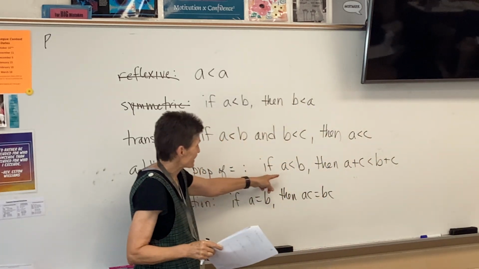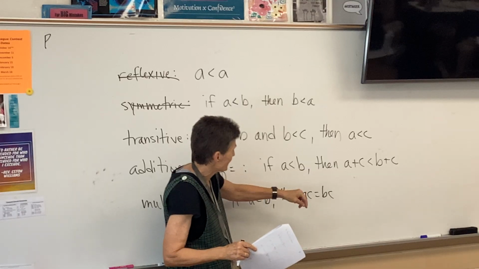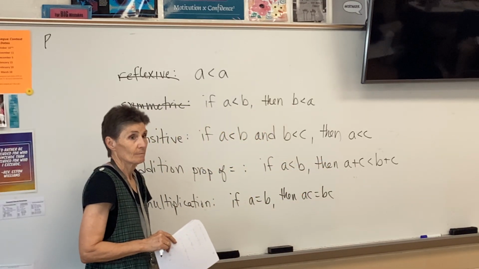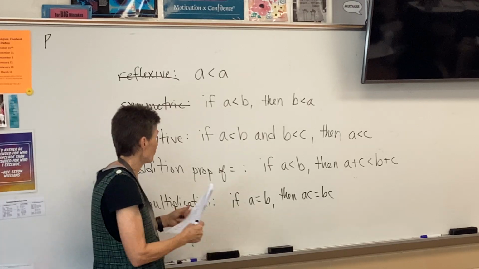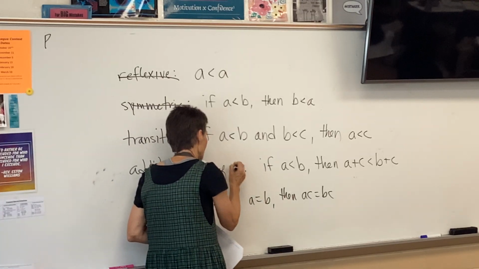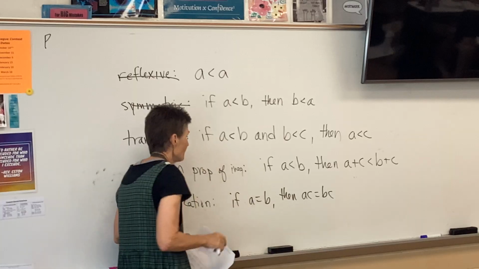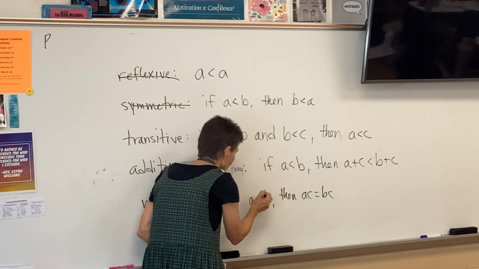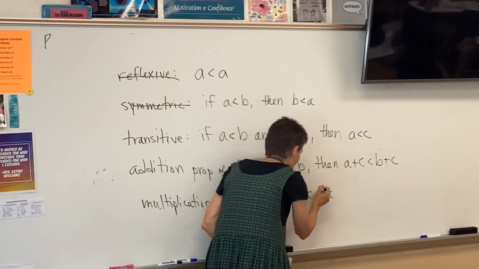Can I put a less than in there? If A is less than B, then A plus C is less than B plus C? Yeah, that's the addition property of inequality. Now. Same thing for multiplication. If I put a less than there, and I put a less than there.